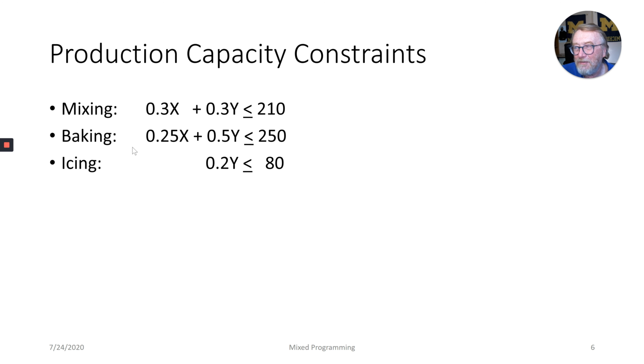Baking, we have ovens with 250 hours of oven time, and each pound of cookies consumes a quarter hour of baking time, and each pound of cake consumes a half hour of baking time. And then we have an icing operation, which is just for cake, and we have a total of 80 hours of icing. So those are the same production capacity constraints we had before.